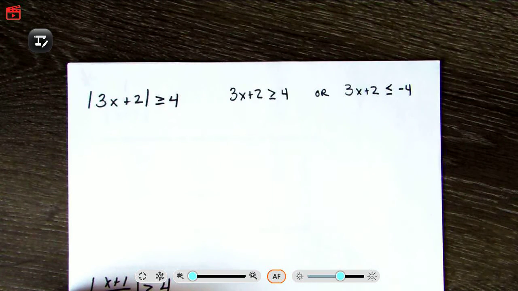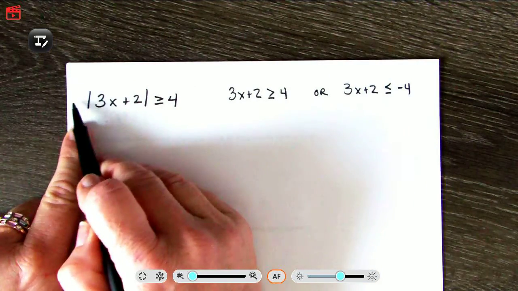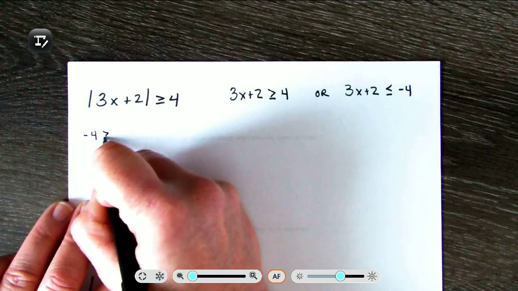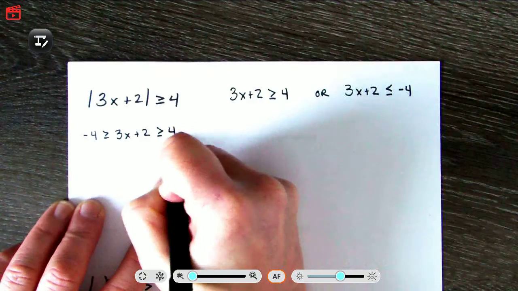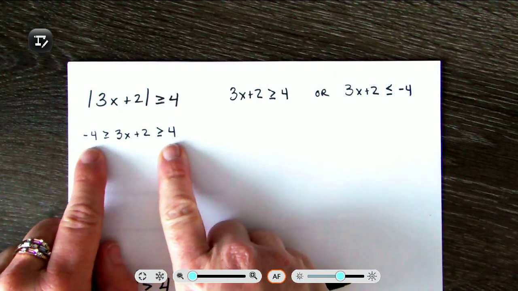Okay, if you tried to write this as a compound inequality, so kind of put that and then put the negative on the other side, I'm going to do this because it'll help see that it is not correct. Look at the outside edges.